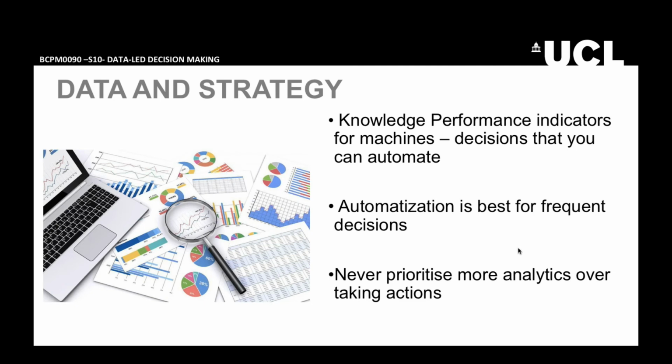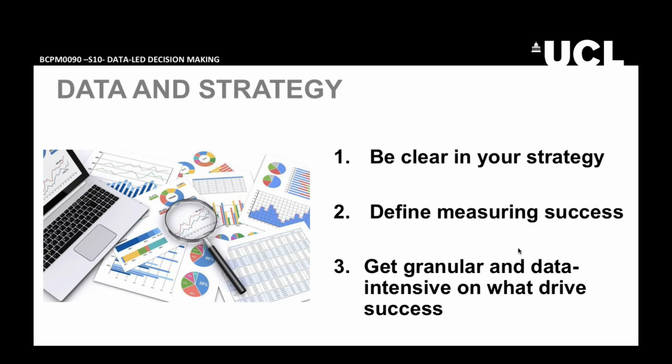And the third advice is never prioritize more analytics over taking action. Sometimes it's better to test an action, to implement a test based on initial analysis, than continue with more and more analytics.